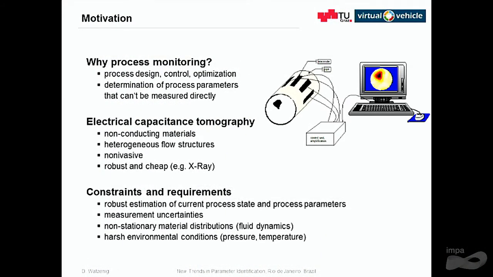So when we talk about ECT in the first part, we basically talk about imaging non-conducting materials. The oil industry in the early days was quite interested in imaging different phases, 2 phases or 3 phases, which usually are oil, some gas or water or mud. So you have different phases, and taking probes downhole is just too expensive.